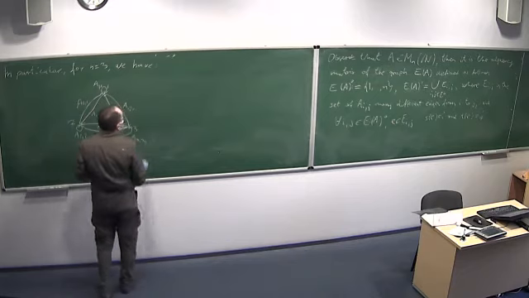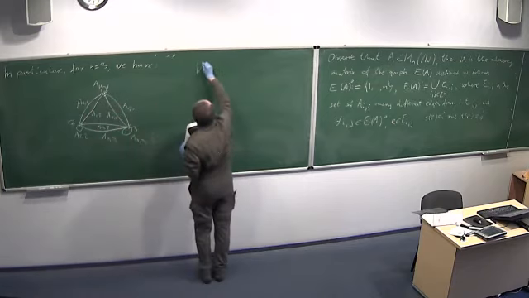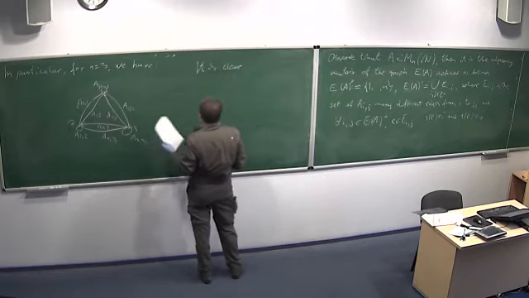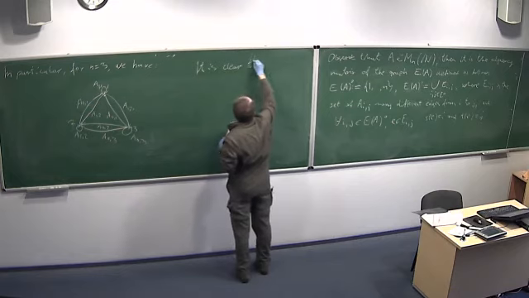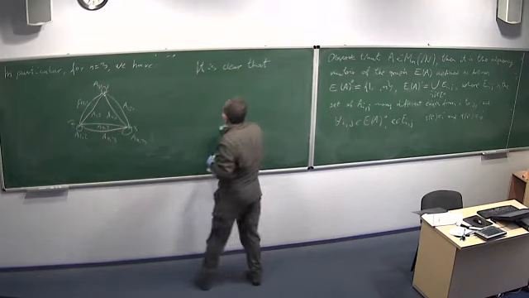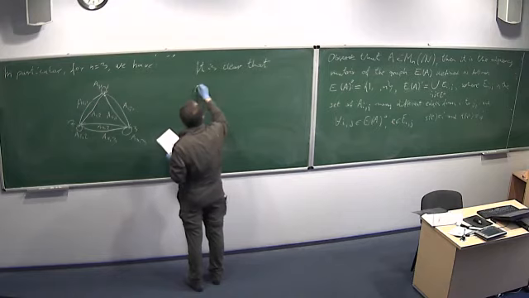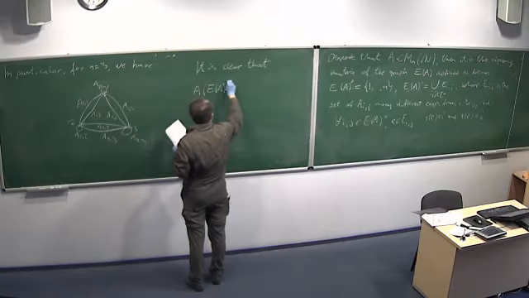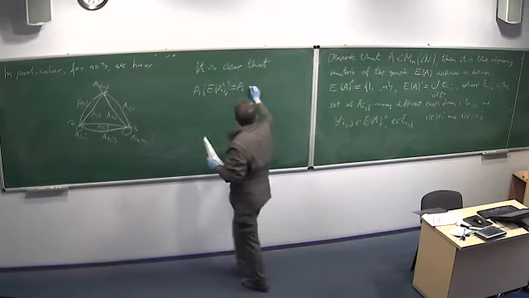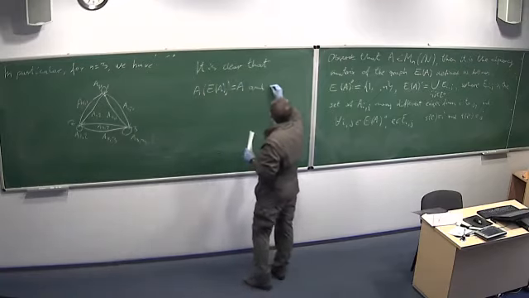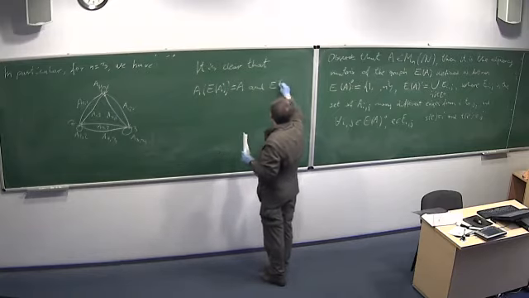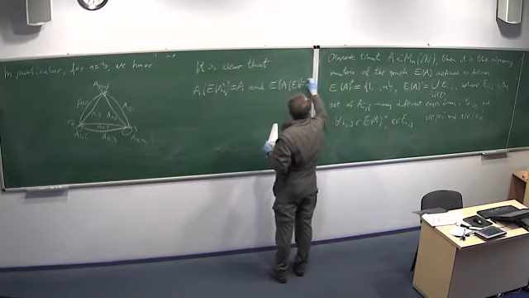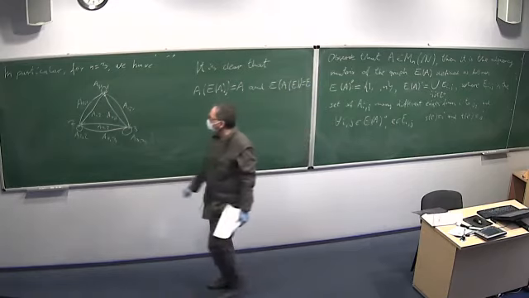Okay? And in general, it is clear that these are mutual inverse constructions. So the adjacency matrix of the graph of a matrix A is just the matrix A, and the graph of the adjacency matrix of a graph E is equal to E. That's just a tautology by the way we construct it.